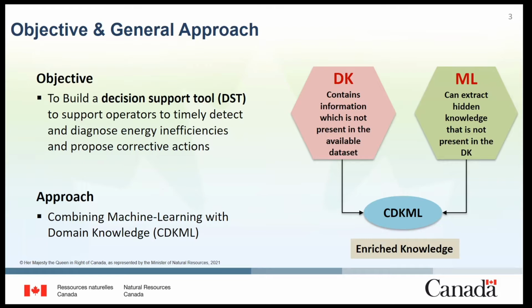To be more specific, the role of the tool is to detect any situation where there is a significant decrease in the energy efficiency and reduce the exploration time which is needed to find the root cause of this inefficiency.